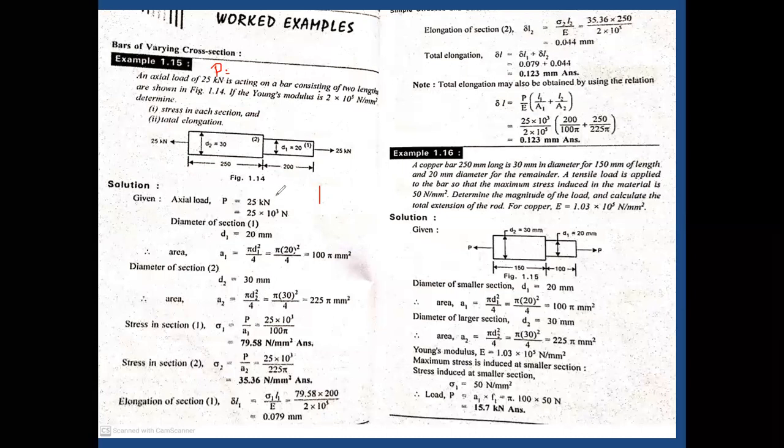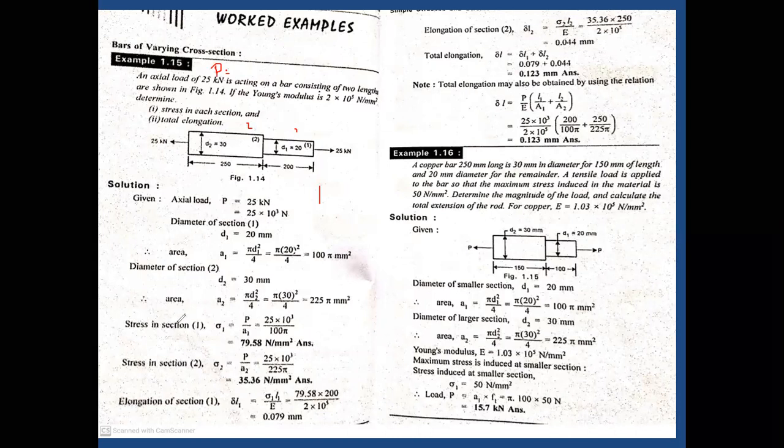In the first section, the area is 100 multiplied by pi, where pi is 22 by 7. We can substitute the pi value, or just keep it aside. For area 2 also, it is 225 multiplied by pi mm square.